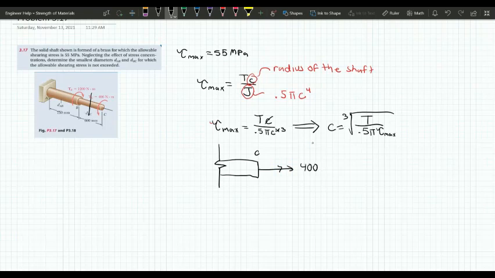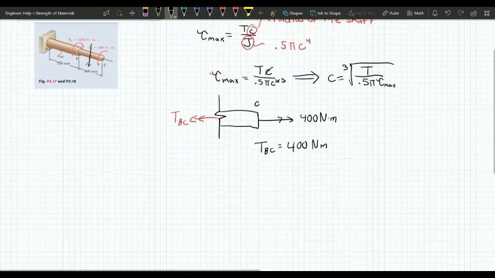It's 400 Newton meters. Now I'm going to have an equal and opposite reaction going that way. We'll call it torque BC, right?